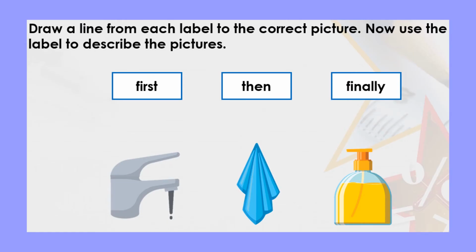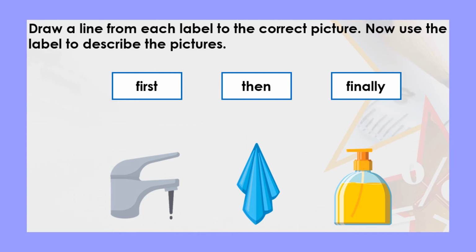Look at these pictures. They show what you should do when you need to wash your hands. We can describe what we do using the words first, then, and finally. If we were to draw a line from each label to the correct picture, which label would belong to which picture?